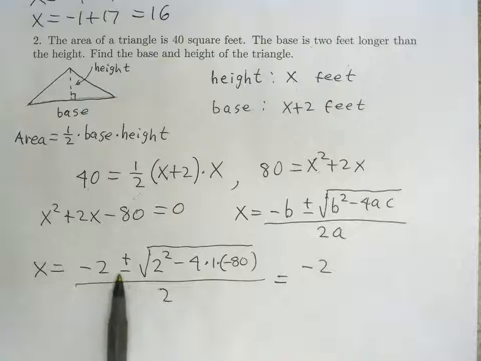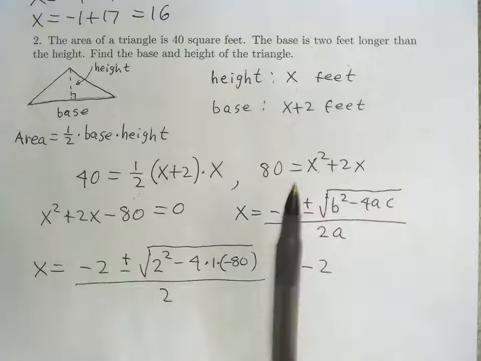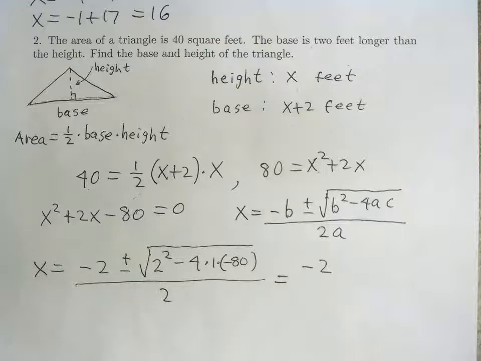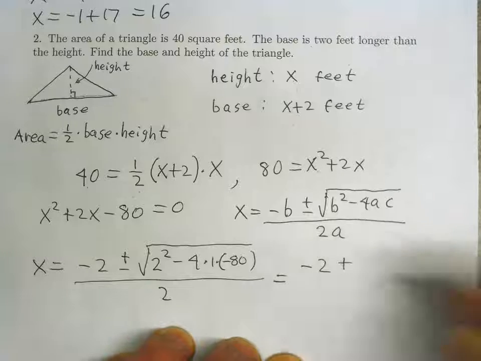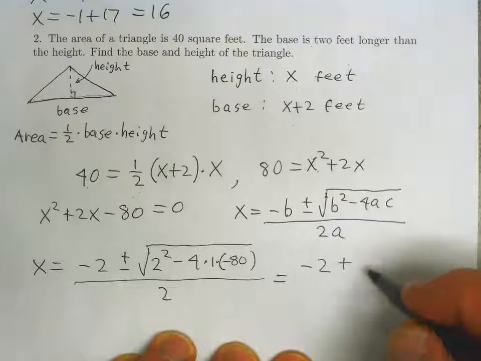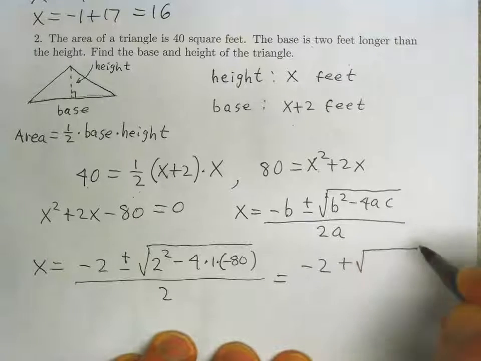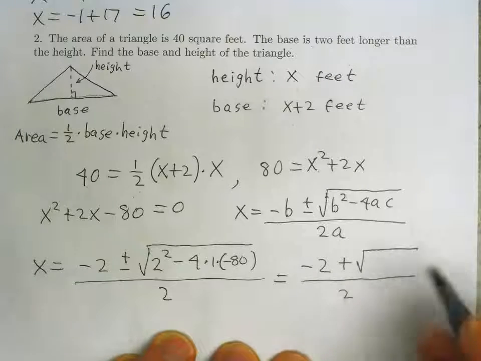So the solution we get by subtracting is negative, but we don't want a negative solution. We want a positive solution. So I'm just going to write negative 2 plus, and ignore the minus one. And then we have the square root of some number, all divided by 2.